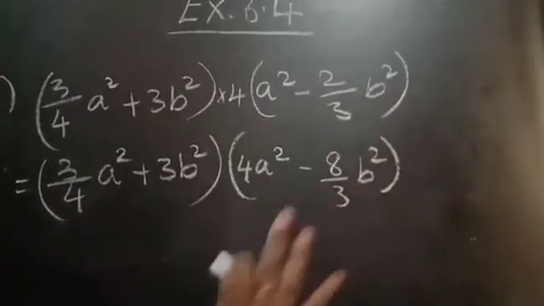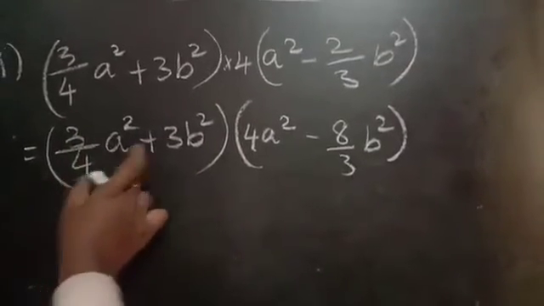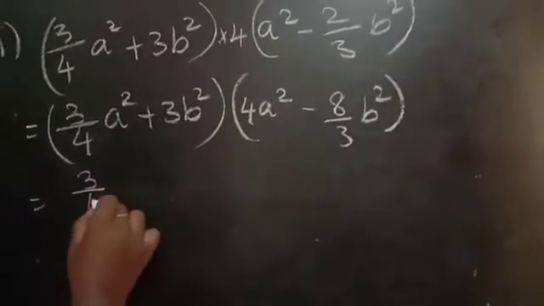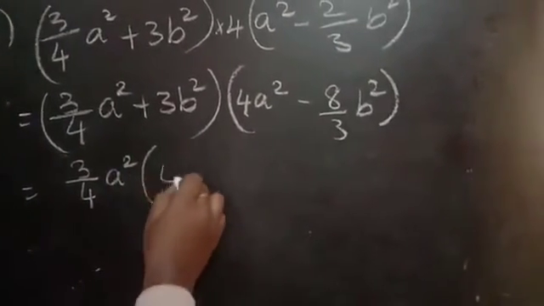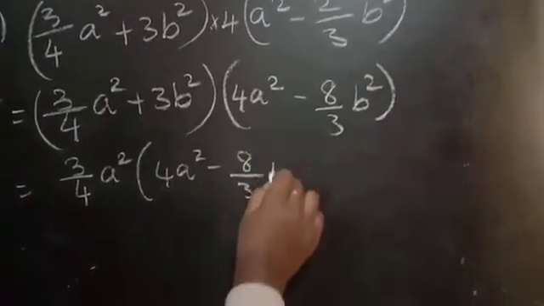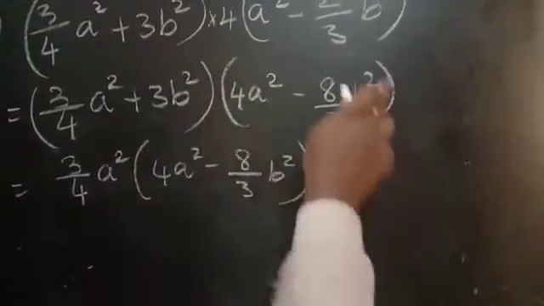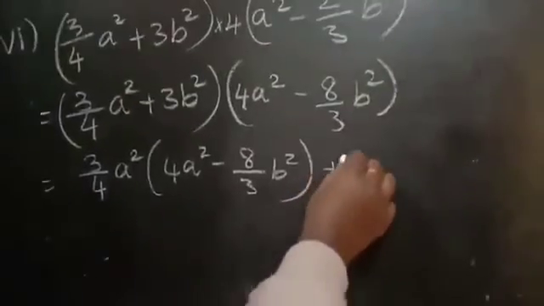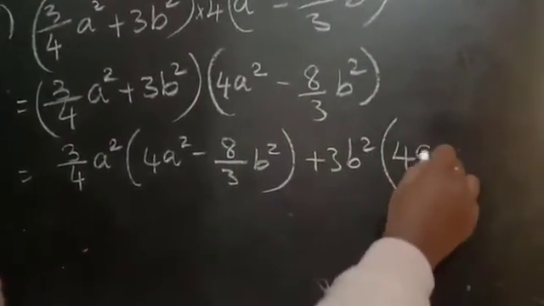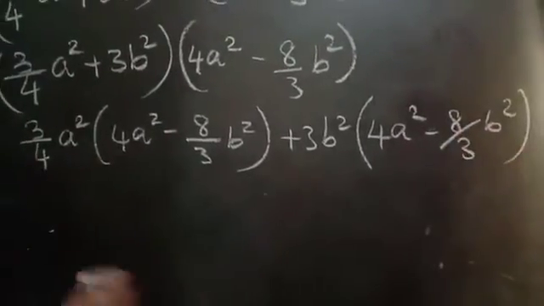Now 3 by 4 a square we have to multiply with everything: 3 by 4 a square into 4a square minus 8 by 3b square. Again 3b square we have to multiply with everything, 4a square minus 8 by 3b square.